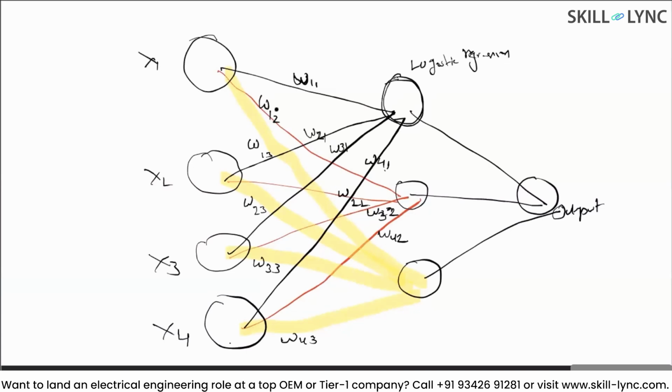Now with these different weights, you are getting another logistic regression, and you're using another logistic regression here. And with these new data points, now your x1, x2, x3 and x4.